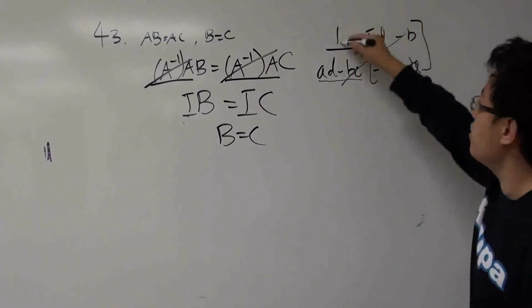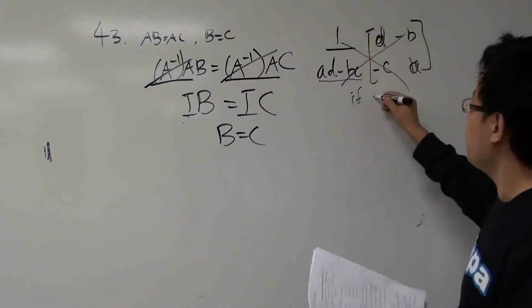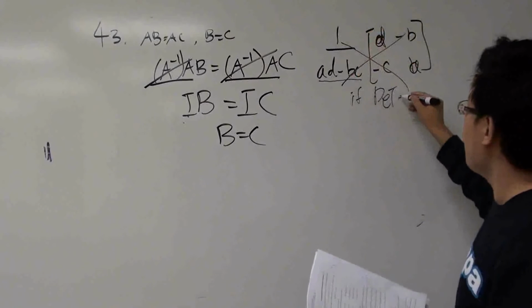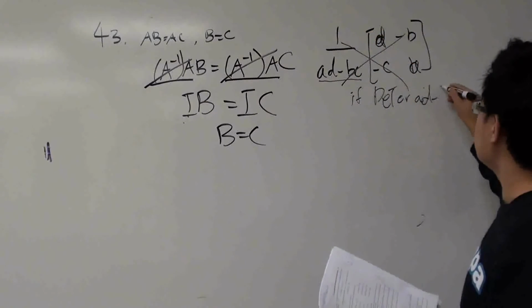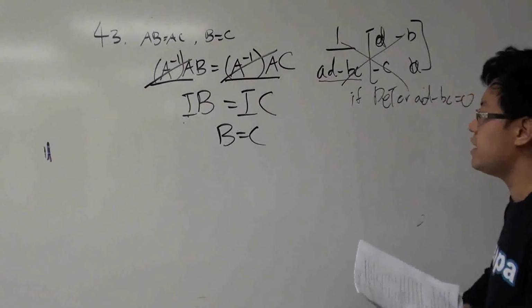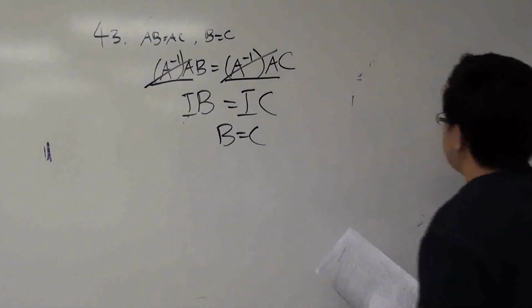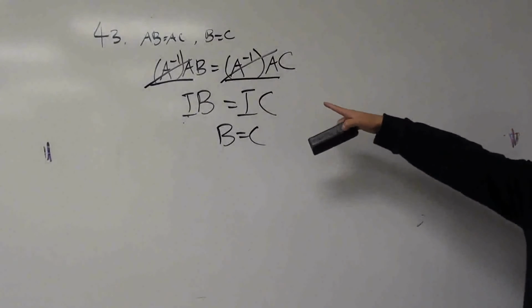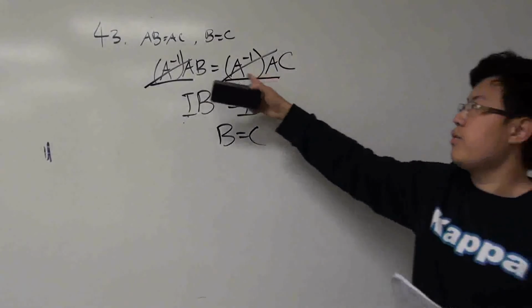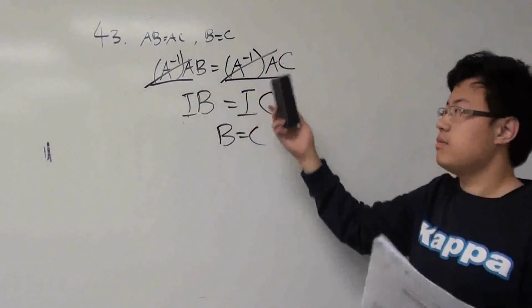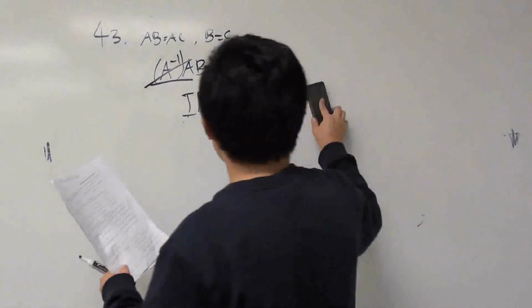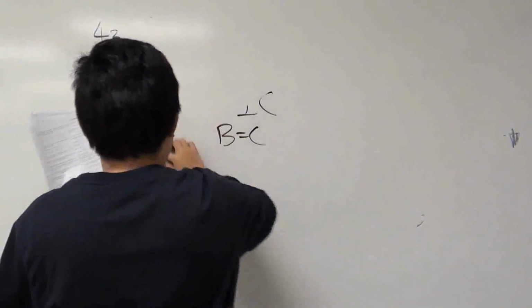If AD minus BC equals 0, that's the idea. The same situation for A means it can't work because we can't find an inverse.